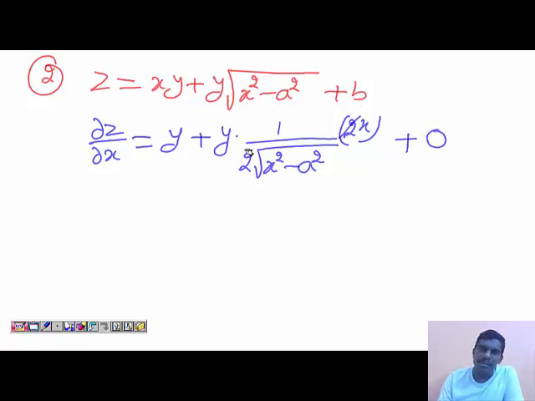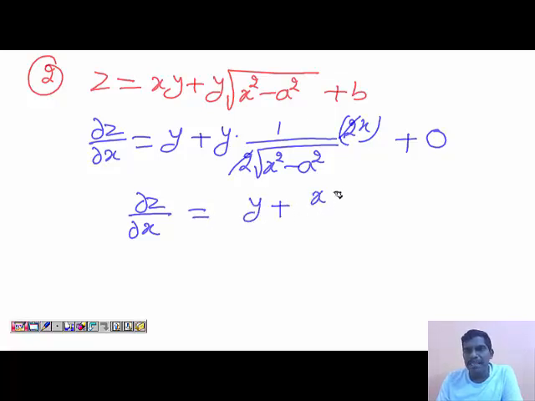Now see that the 2 and 2 will get cancelled. Therefore, I can write this as dou z by dou x will be equal to y plus x into y divided by square root of x square minus a square, and we call this equation number 1.